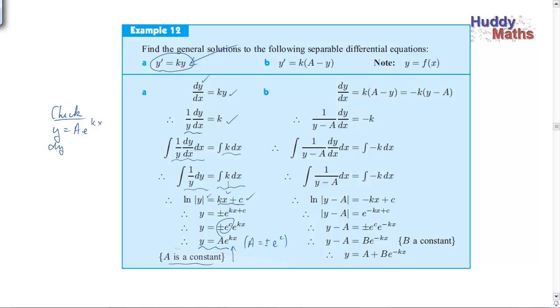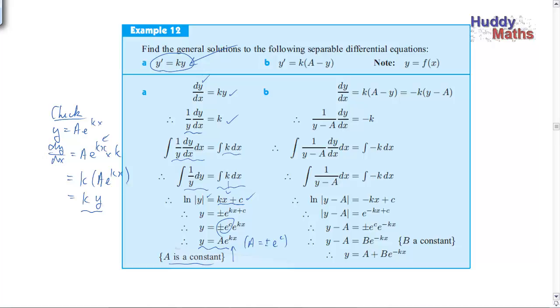The derivative: the constant out the front, the derivative of e to the kx is itself, but then there's another function up the top here, so it's times k. So we'll put k out the front. Oh, look, there it is. It's k times its original y.